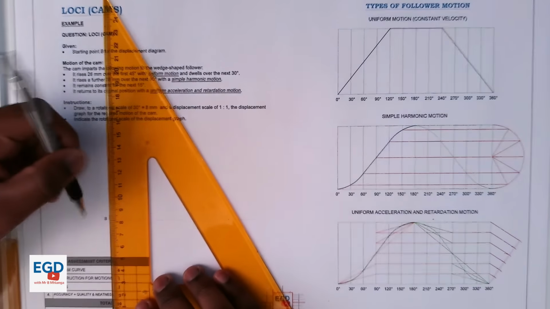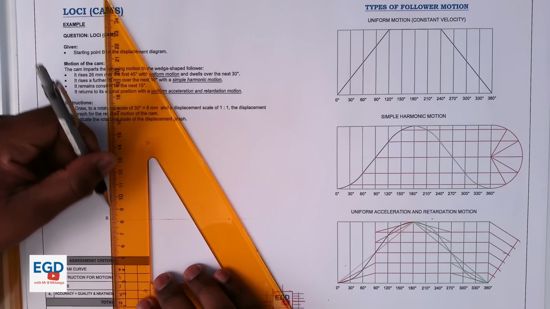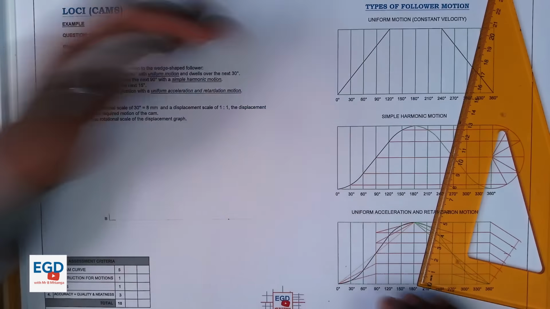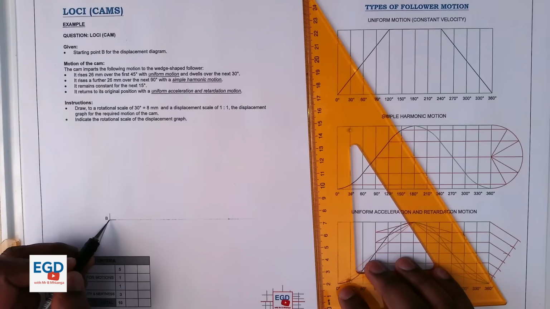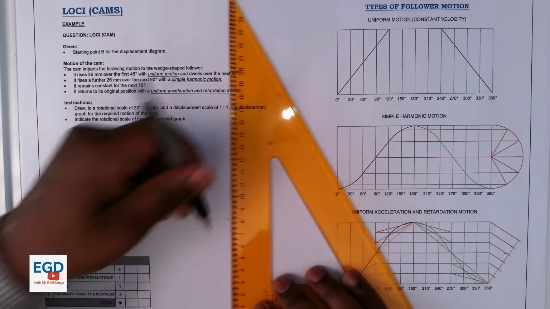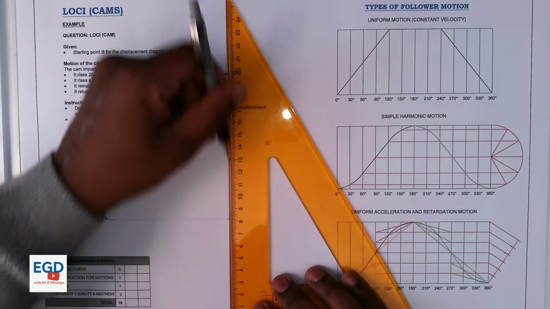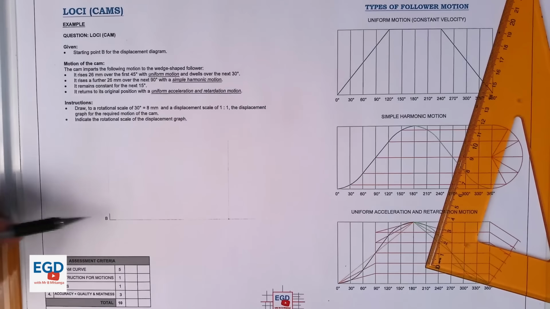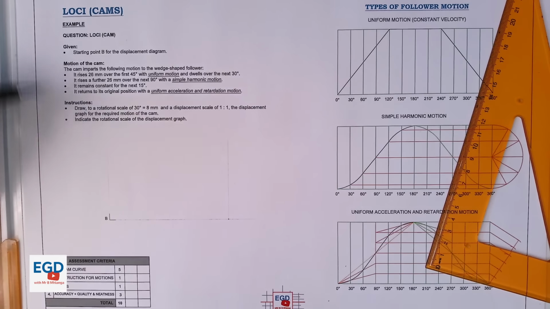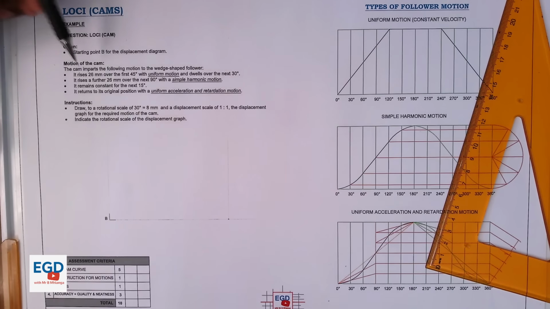And then the question is, how high is the graph? Now I know that it will start here and it will end here, so I'll just draw those vertical lines. Now how high is the graph? I'll have to go back to the motion of the cam.